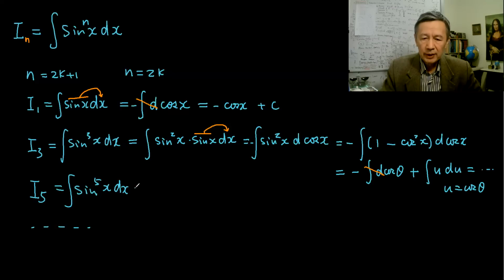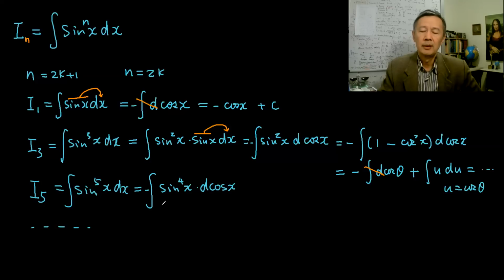Similarly, we can treat I5 again in a similar fashion. We can rewrite sine to the power 5 as sine x to the power 4 times sine x. In this case, I just jump a little bit and go to the d cosine x, all right?